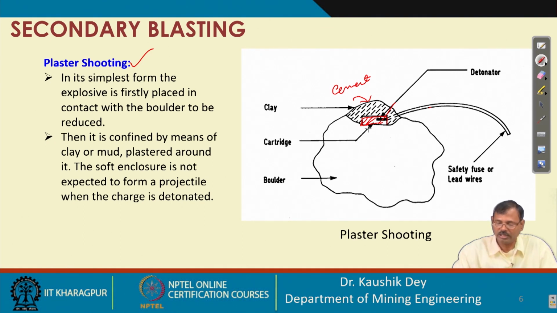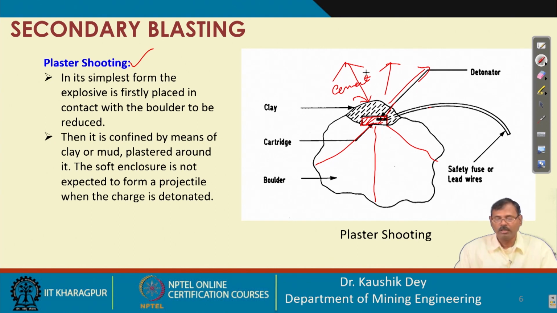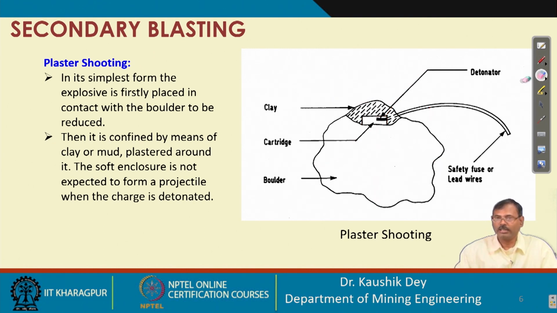The explosive is placed on the surface of the boulder, so the waves propagate and fragment the rock in a similar way, but there is a loss of explosive energy in the other direction also. In pop shooting, the explosive is inside the boulder, so the explosive energy is fully utilized. Here, as the explosive is placed outside on the surface, most of the explosive energy is dispersed in the atmosphere or air medium.